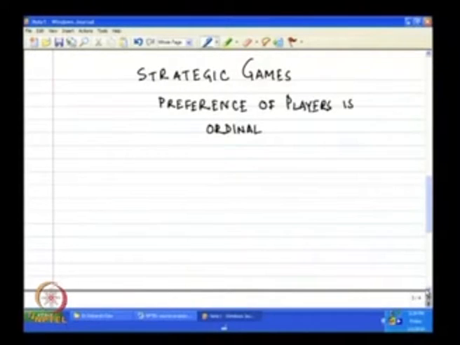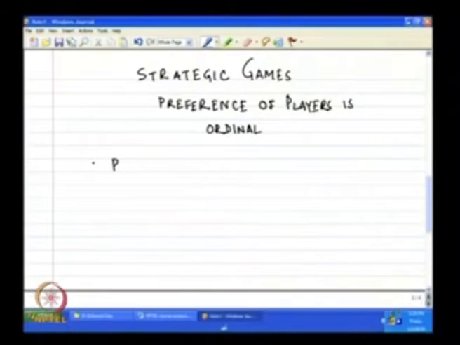In a strategic game, three components must be specified. Firstly, who are the players or who are the decision makers? So, the identity of the players and how many there are should be given. Often we say the set of players is capital N, but obviously it is a matter of convention.